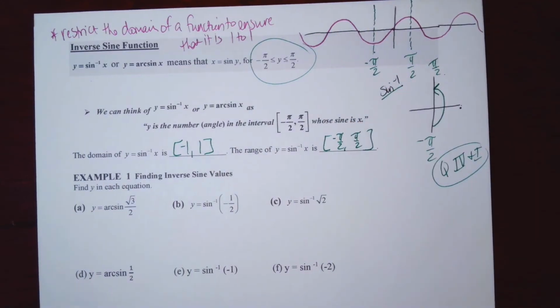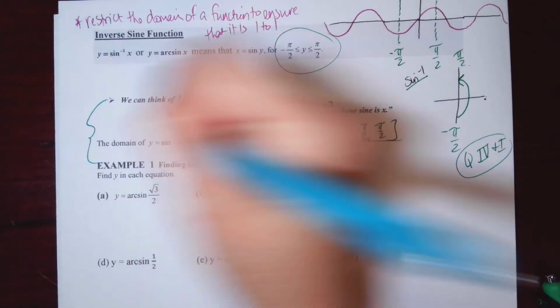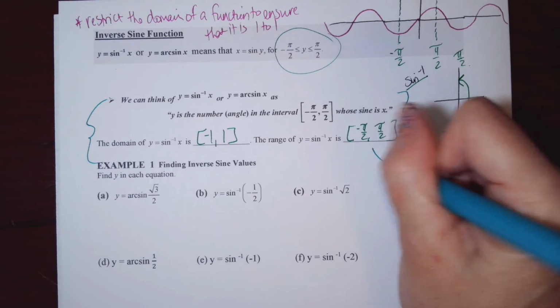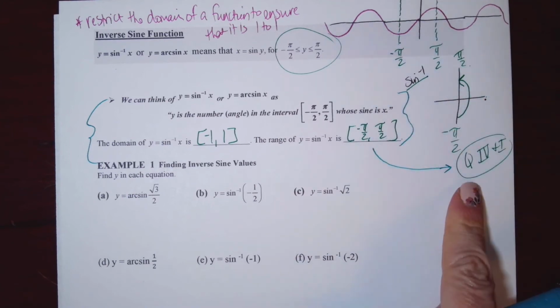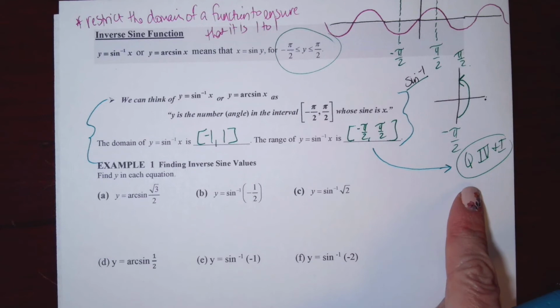So those are my restrictions for domain and range. That's a good thing to remember. So we restricted the sine function to quadrants 4 and 1. Now this is going to be the restriction set for anything that is sine dominant, y dominant, so sine and its reciprocal cosecant. Also tangent we consider to be restricted to these two quadrants.